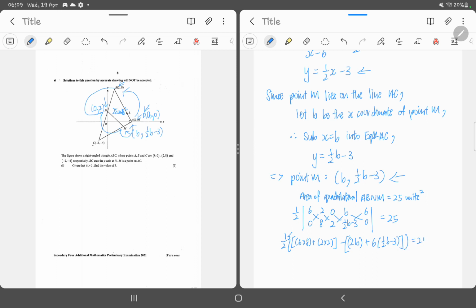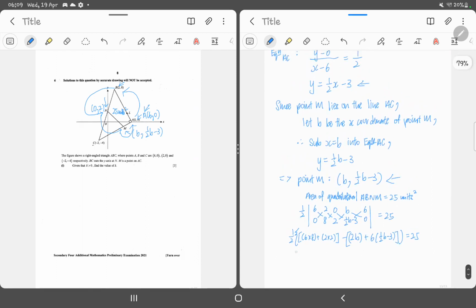So this equals 25. Simplifying this, we get half of a square bracket: 8 times 6 is 48, plus 4, which is 2 times 2. So this is actually 52.